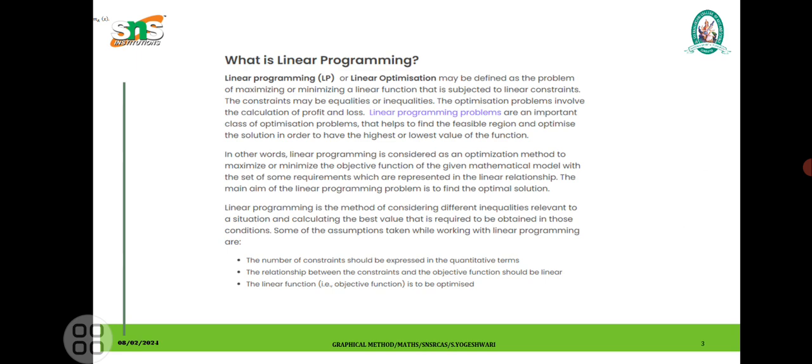What is linear programming? Linear programming may be defined as a problem of maximizing or minimizing a linear function that is subjected to linear constraints. The constraints may be equalities or inequalities. The optimization problems involve the calculation of profit and loss.